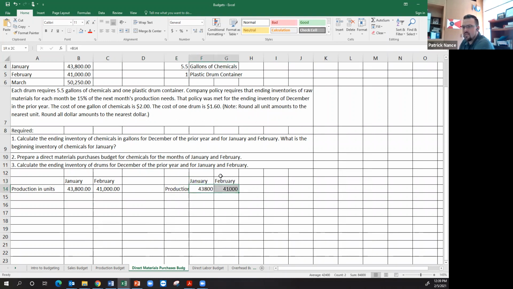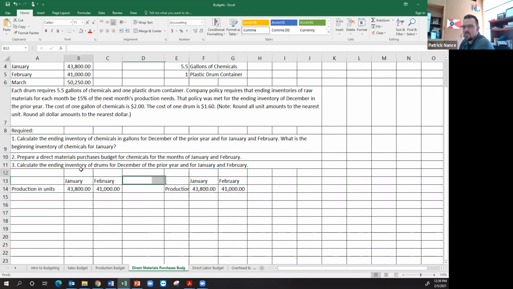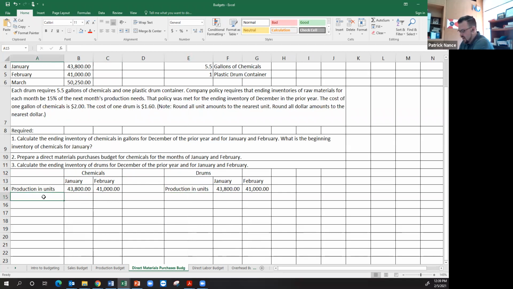Okay, so this is going to be my chemicals, and this is going to be my drums. So production units, and that's the same across the board. Next thing I need to do is figure out how many gallons I need for the chemicals and how many drums I need for the drums.